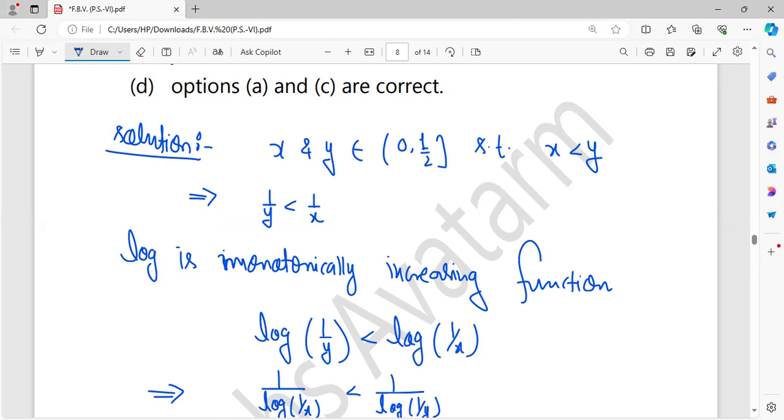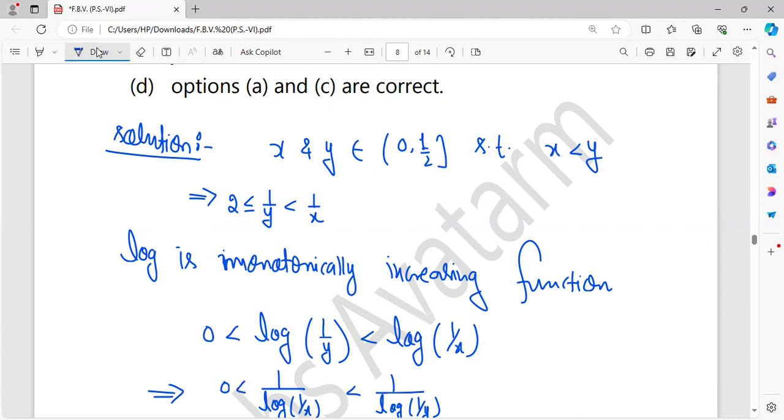Okay. Because these two belong to the interval 0 to 1 by 2, 1 upon x is greater than 2, so the log values are greater than 0.